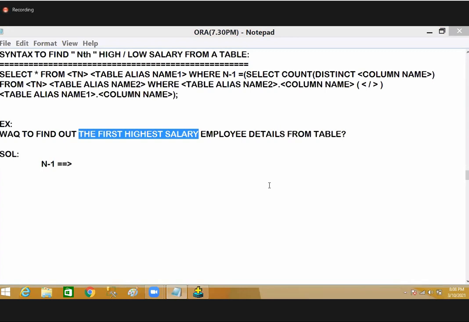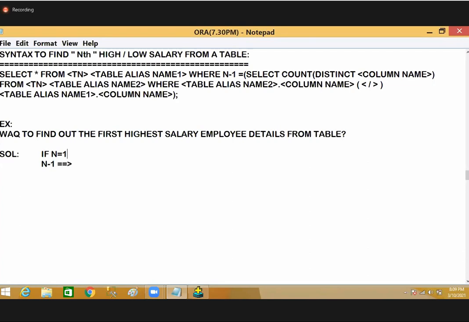So first highest salary means, can I say n is equal to 1? Yes. So the n value is equal to 1, and that one value I'm going to substitute in my formula.